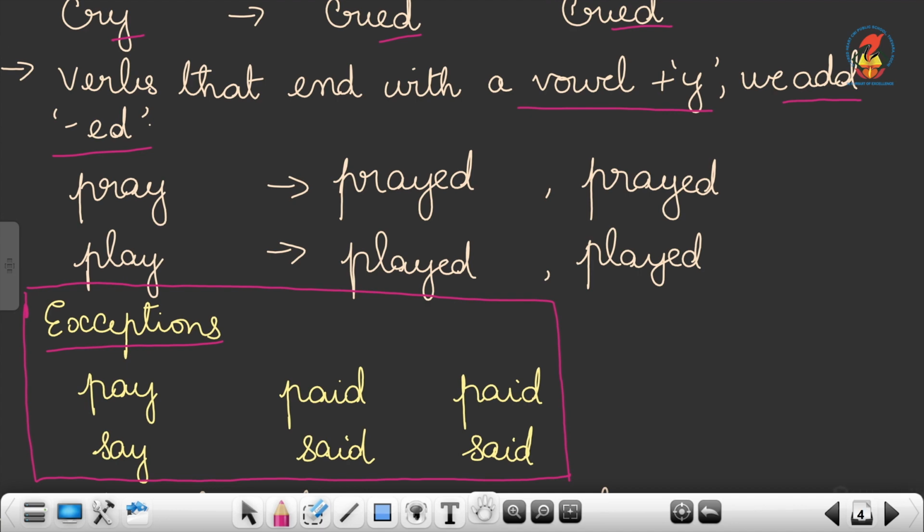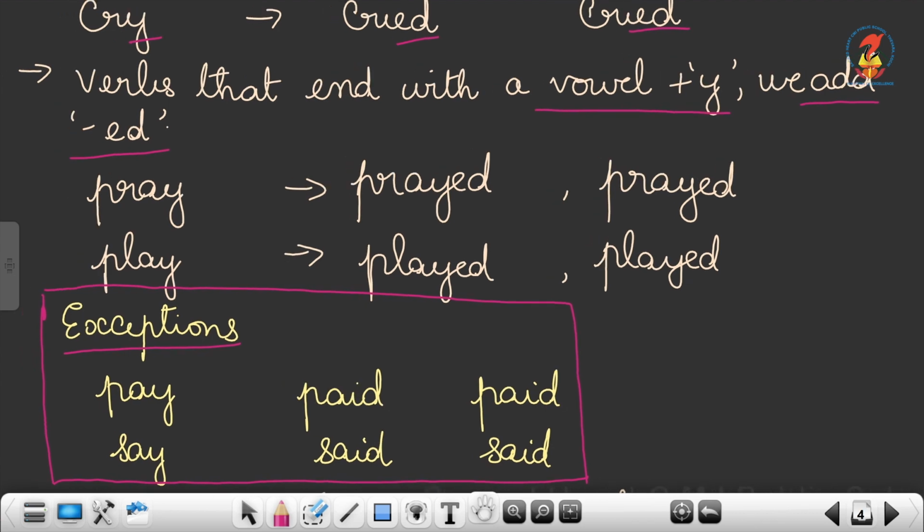For example, pray. The verb pray ends with a vowel and y. See, it ends with y, and before y what do we have there? A, right? So a is a vowel. So the past form is prayed. We just add ed. So the past form is prayed and past participle is prayed itself.